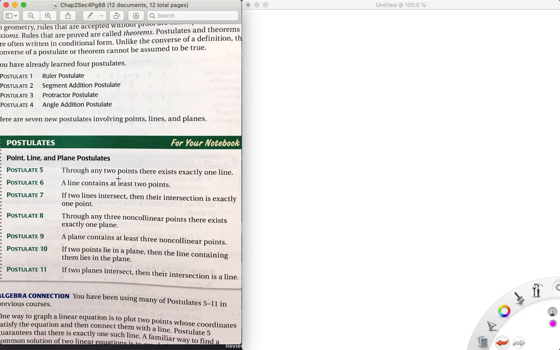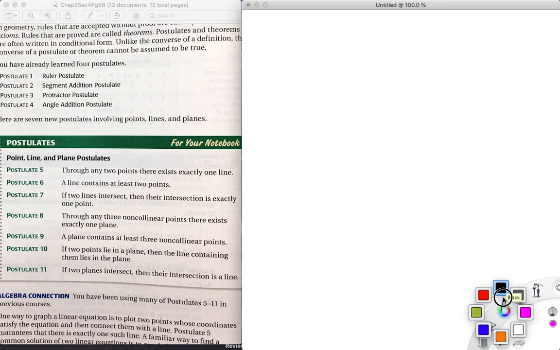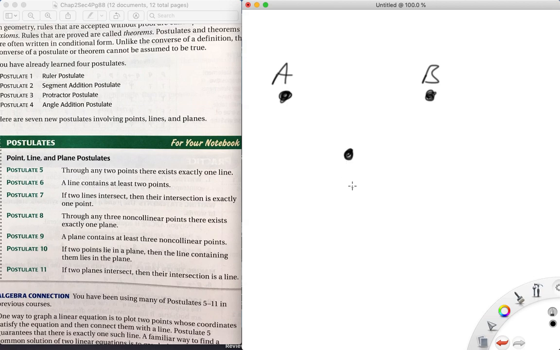So postulate number 5. And it says this: through any 2 points, there exists one line. So I have point A. I have point B. And I have point C. And what postulate number 5 says is that if I want to put a line between point A and B, I can only put one line.